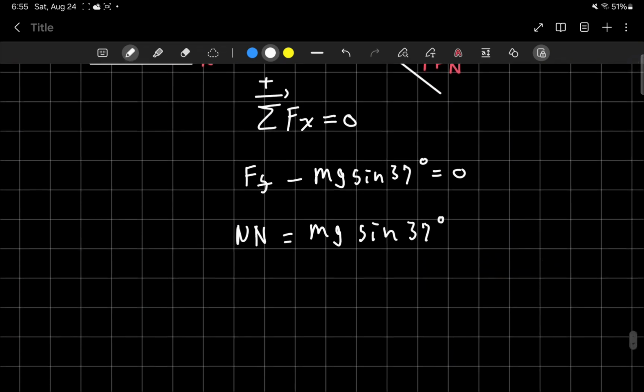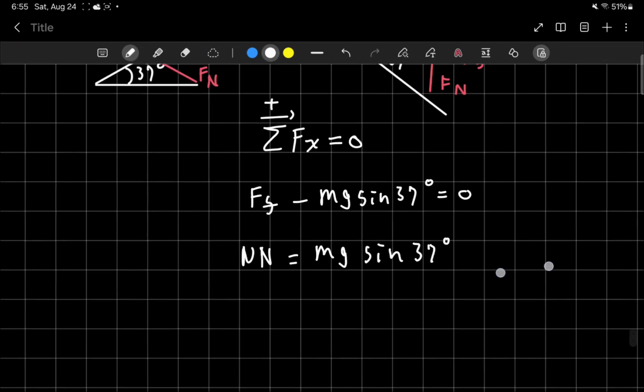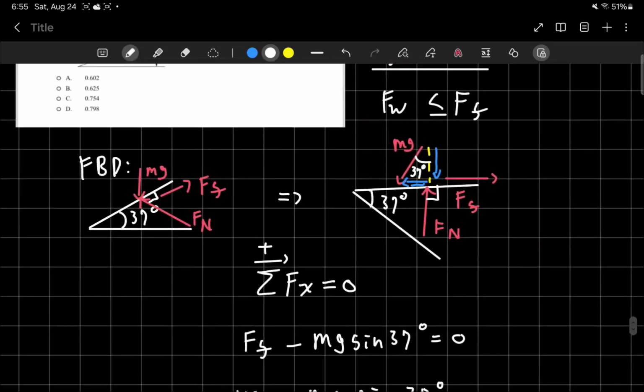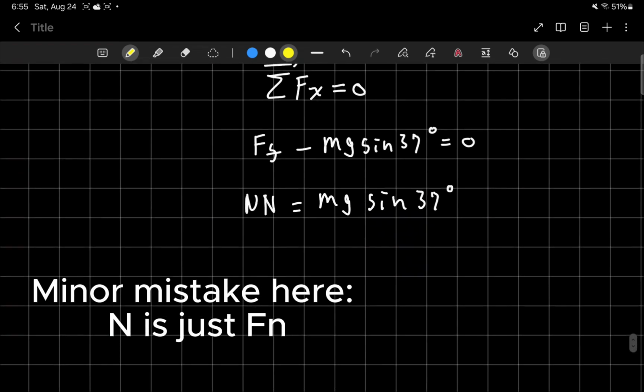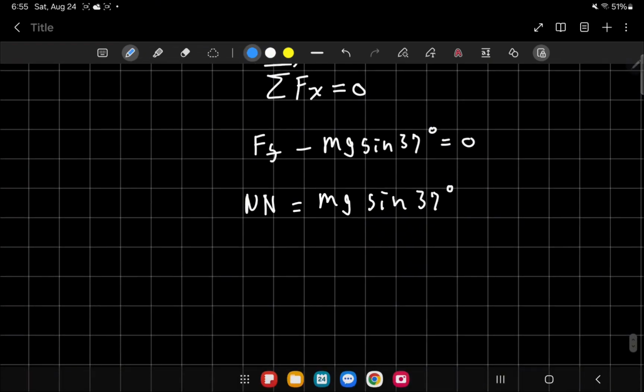But what is the normal force? Well, the normal force is not the weight. It's only part of it. So the normal force is this force right here. And that's the normal force because the normal force is defined as the force that is of the same magnitude and completely opposite direction. So what is that force?